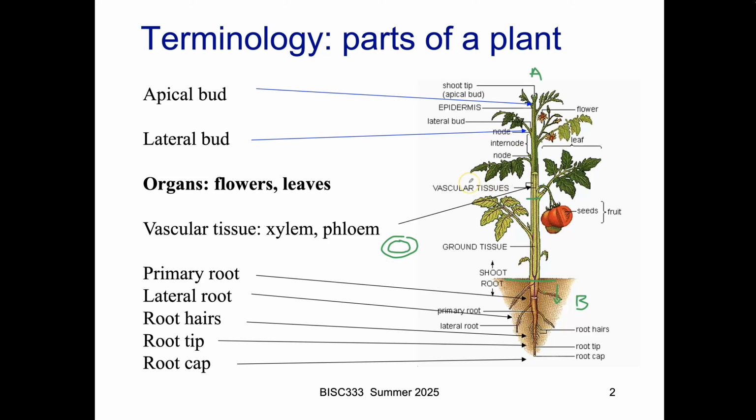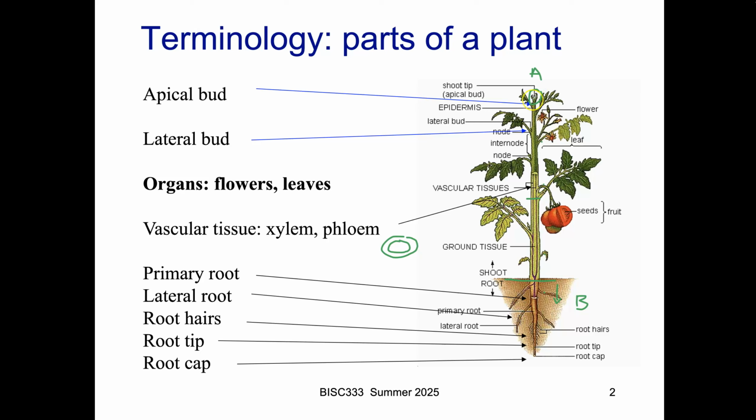And then of course the organs. When we talk about the organs of a plant, and they are referred to that way in publications sometimes, we're talking about the leaves and in some cases the flowers. And then the apical bud is the one right at the tip.